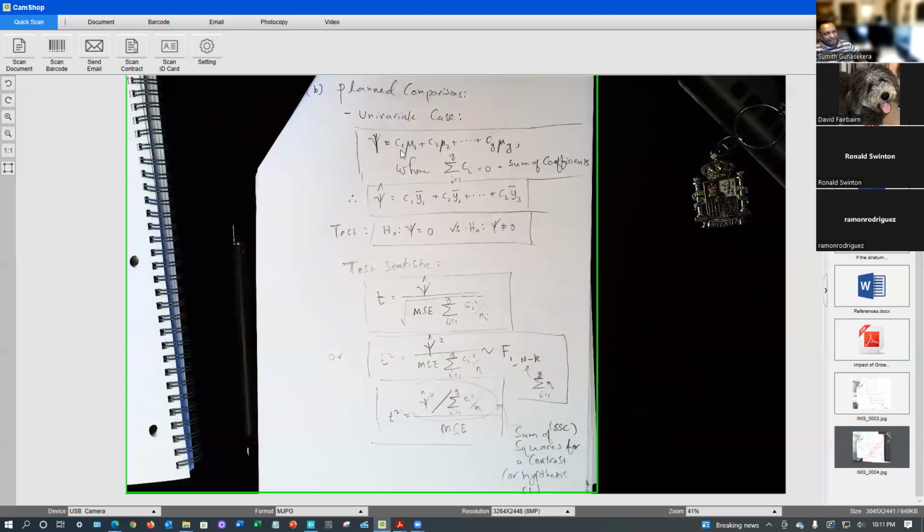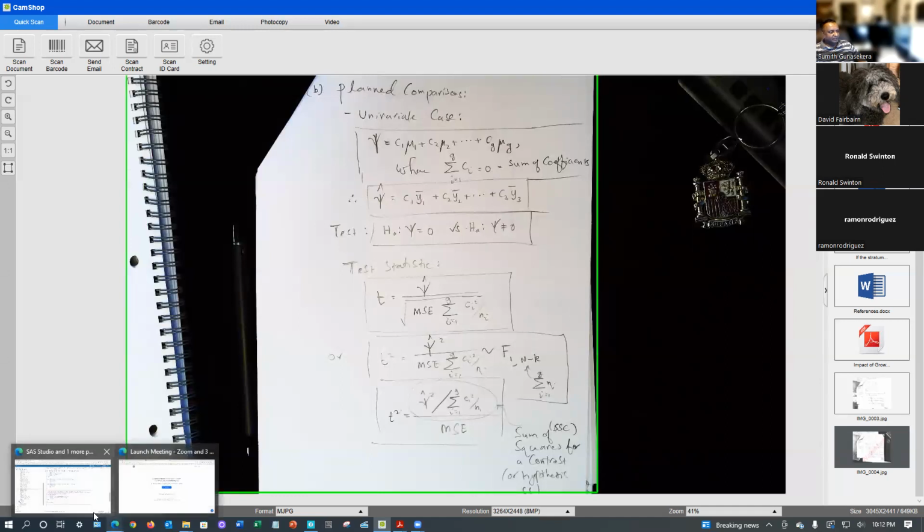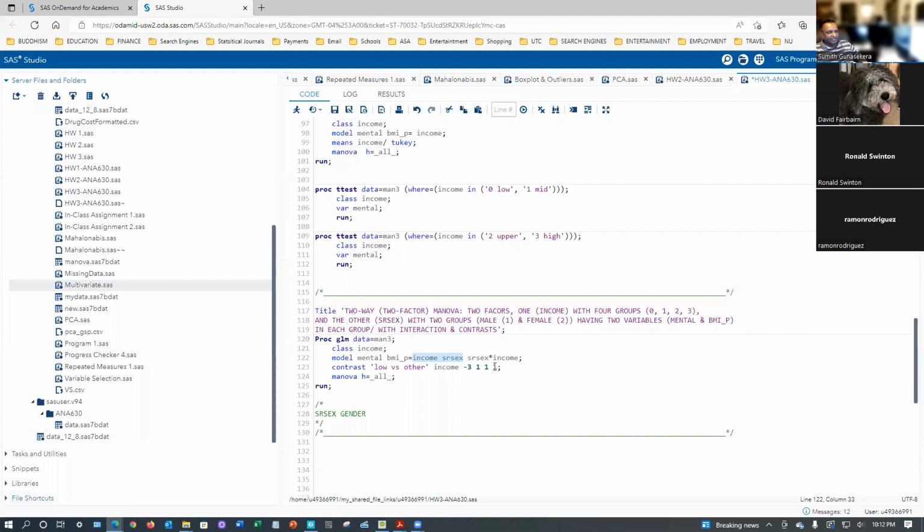Psi is C1 mu1 plus C2 mu2 plus all the way to the last group. You write that as a linear combination of all the means with their coefficients. Under the constraint, the sum of the coefficients should be 0. When you pick the coefficients, you have to make sure their summation is 0. That's why in this example, look at the coefficients: -3 plus 1, 1, 1, 1, they sum up to 0.